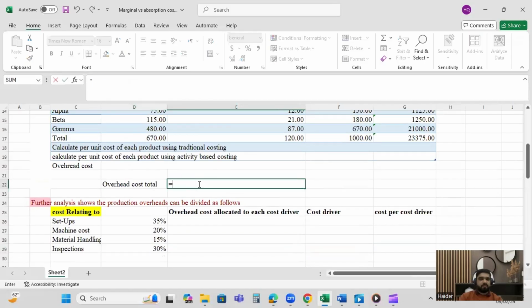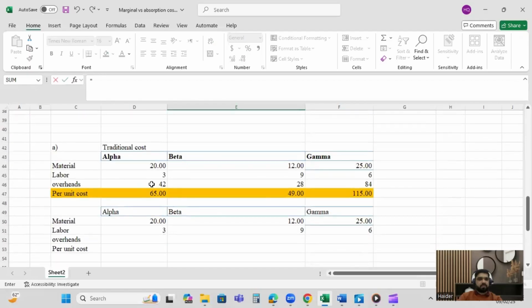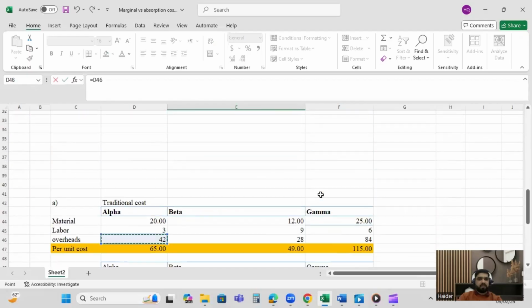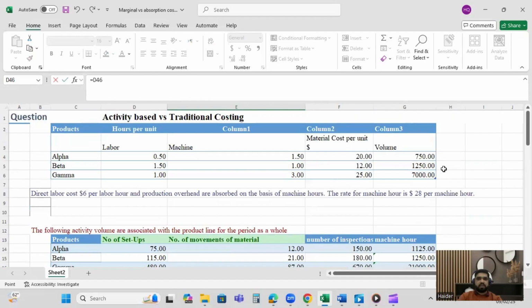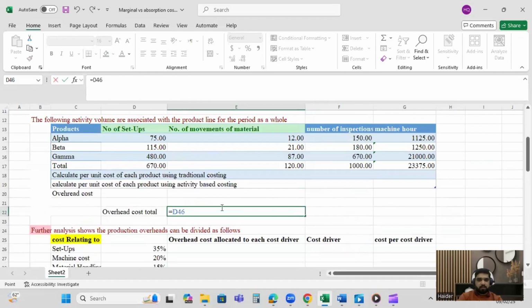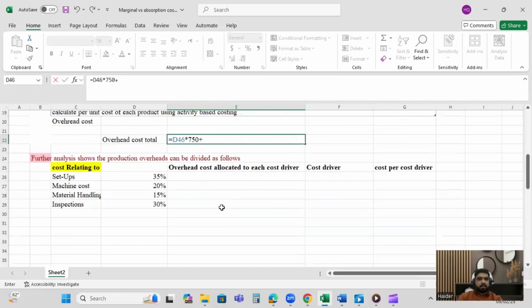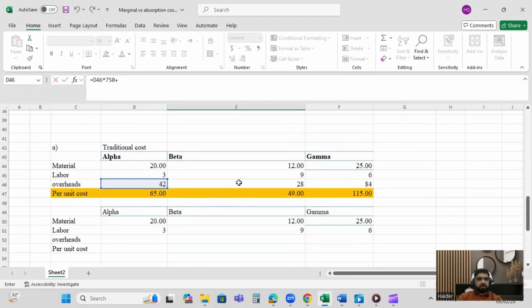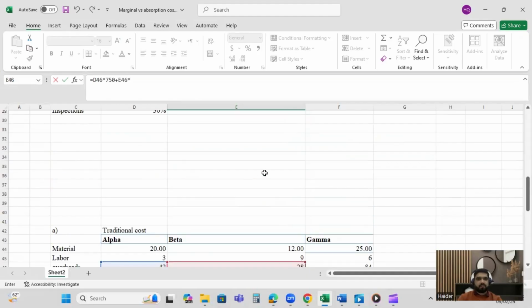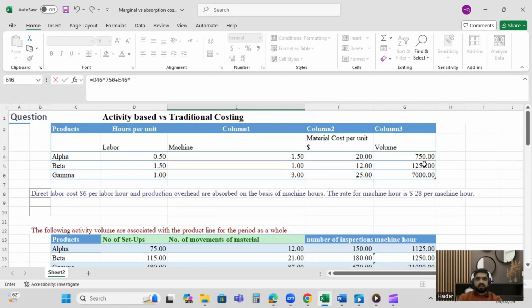So let's begin that. For total overhead cost, we have just calculated per unit $42 for alpha, and for how many units? 750. So just multiply by 750, plus per unit overhead cost of beta was 28 times how many units? 1250.